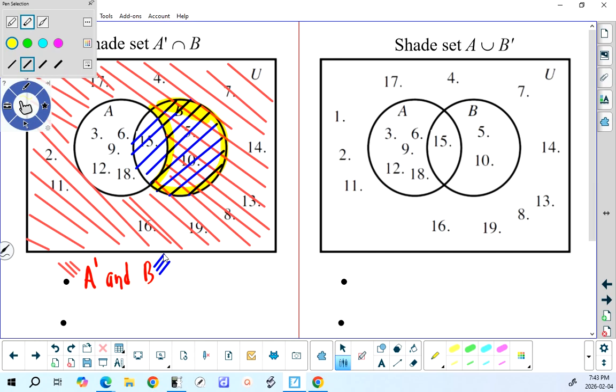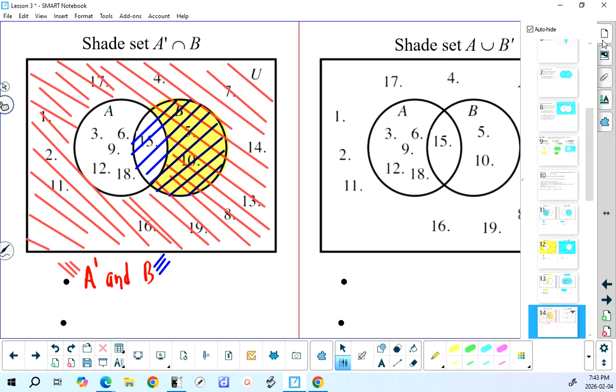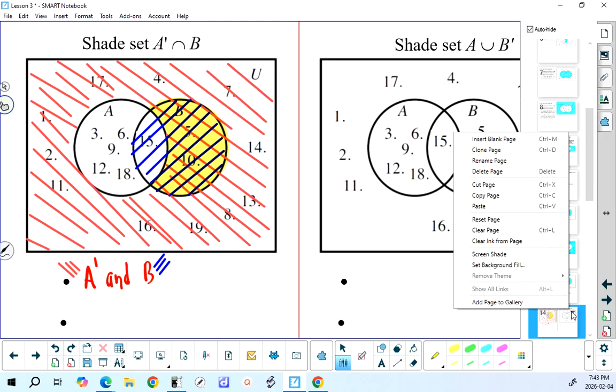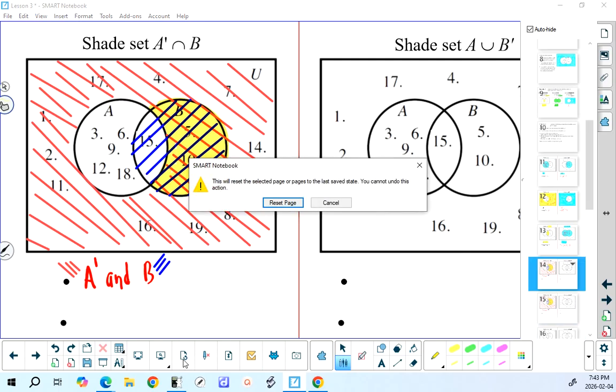And this hurts my brain. I cannot visualize this. I mean, I can do it and I can explain it. So that yellow thing is not A intersect B. I'll save this page just in case I decide that we're going to refer back to it later. But I would not do it that way.